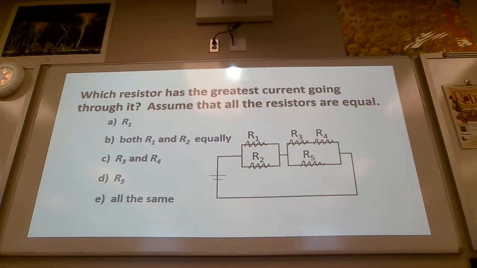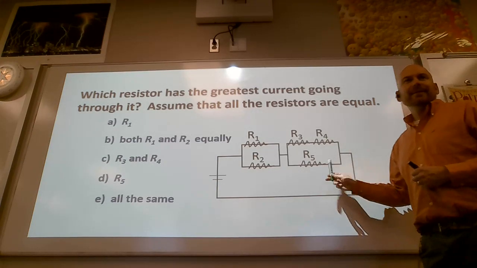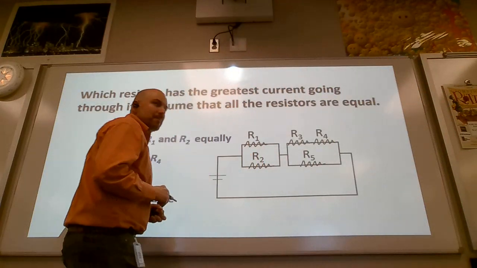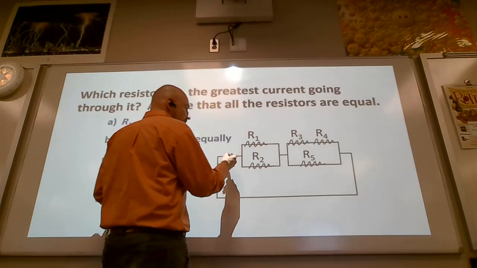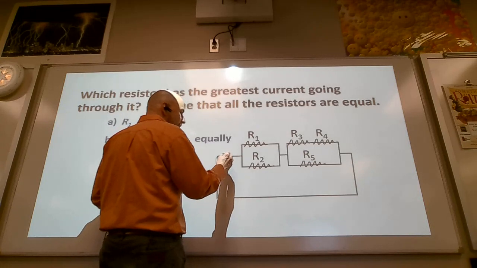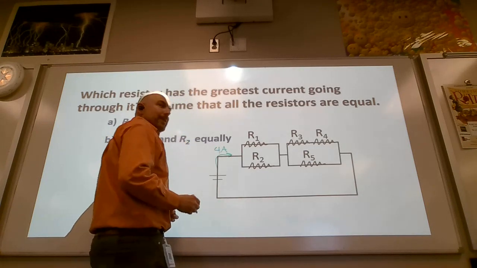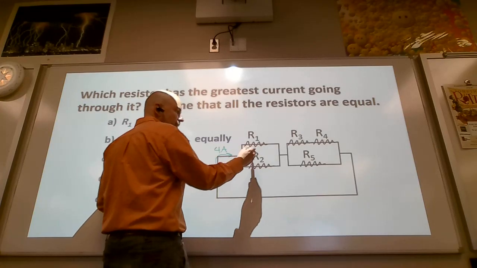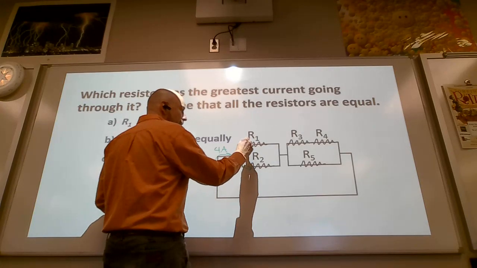Correct answer is R5. This is a junction rule question. So let's just say, to keep numbers easy, there's 4 amps coming from the battery. When this hits, because they're equal resistances, they're split equally.